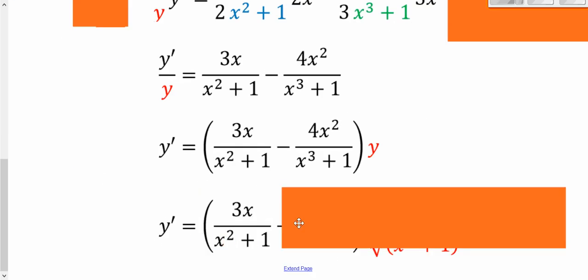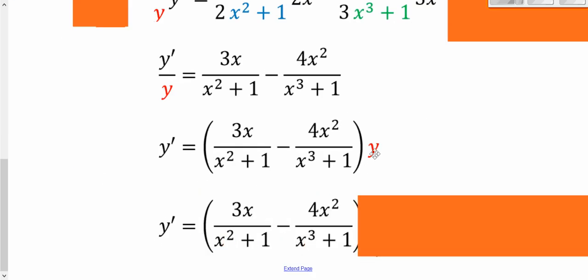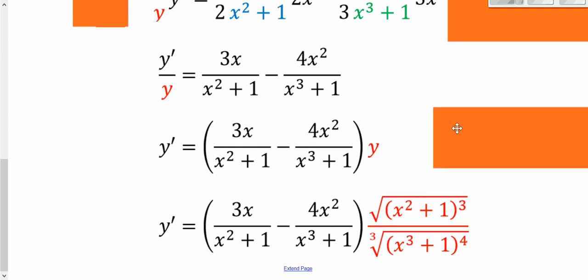So I'll still have my fractions, replace y with my original problem, and I get this. Sometimes it's helpful to put these as a common denominator and multiply it by this, but sometimes it doesn't really do anything and maybe even makes it more complicated. So this is an acceptable answer.